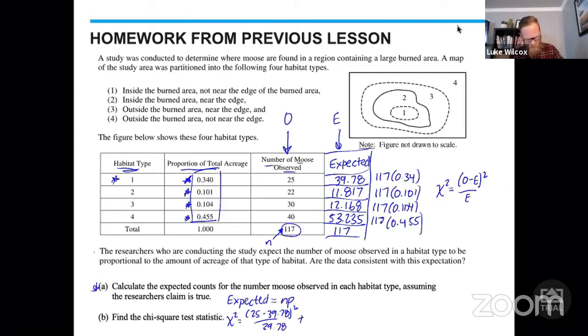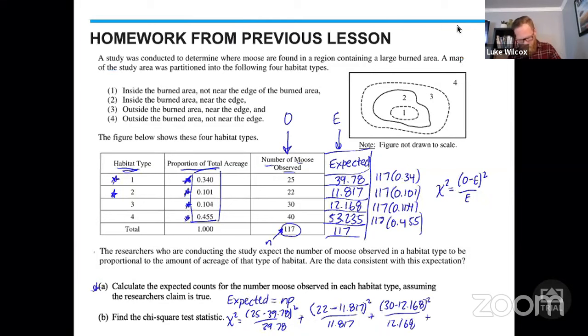Plus, we'll go to habitat type 2, where we had 22 observed moose, where we expected 11.817. And then the third habitat type, we had 30 minus the expected 12.168.